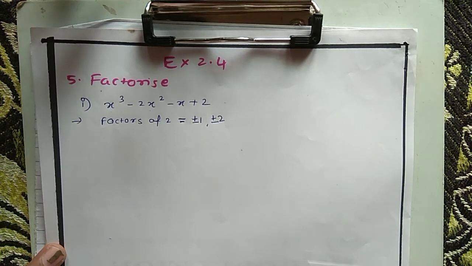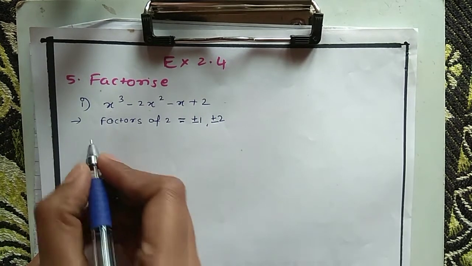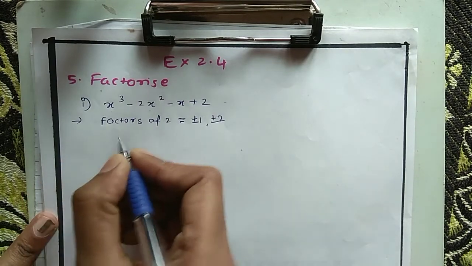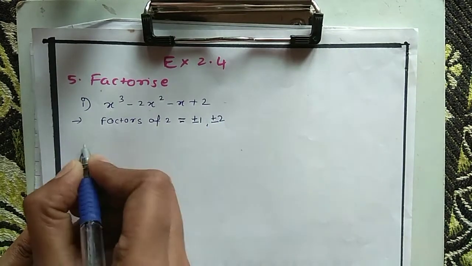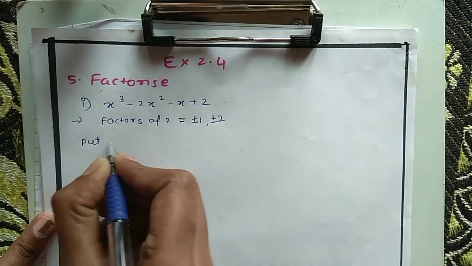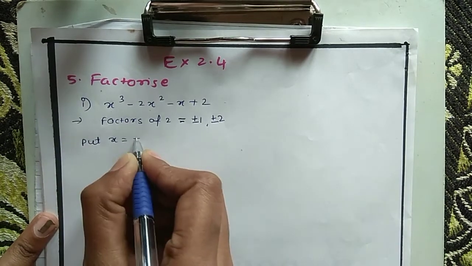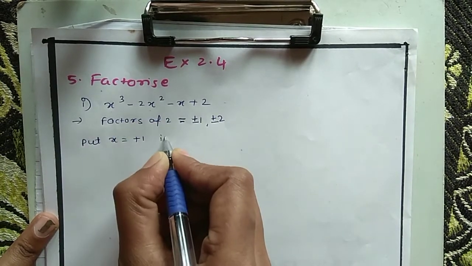So let us find one of the factors of the given polynomial by the trial and error method, choosing only these values. First we will try putting x equals plus 1 in the given polynomial.